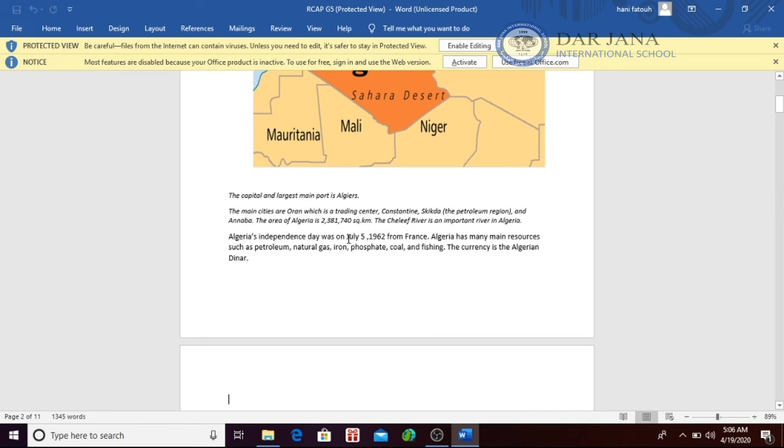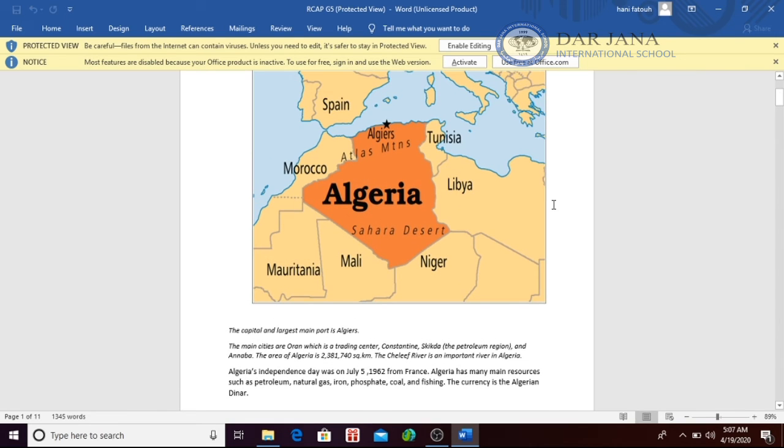Algeria's Independence Day, you are responsible for it. It's on July 5 of each year that they celebrate it. Algeria took its independence from France in 1962, and this is very important to know, especially that the European country that was occupying Algeria at that time was France. You also have to remember something very important: Algerian people speak, of course, Arabic, and they speak French very well.